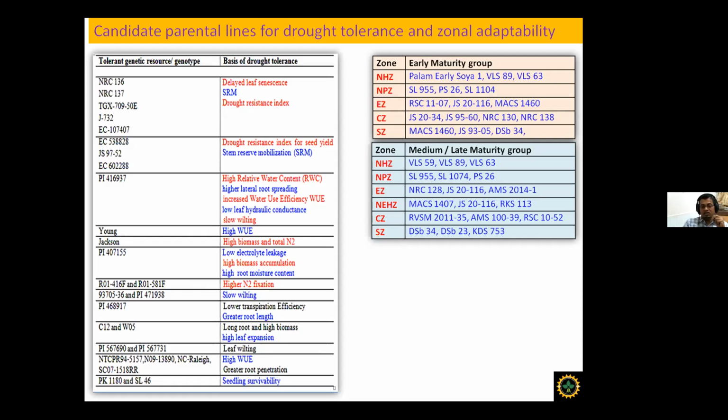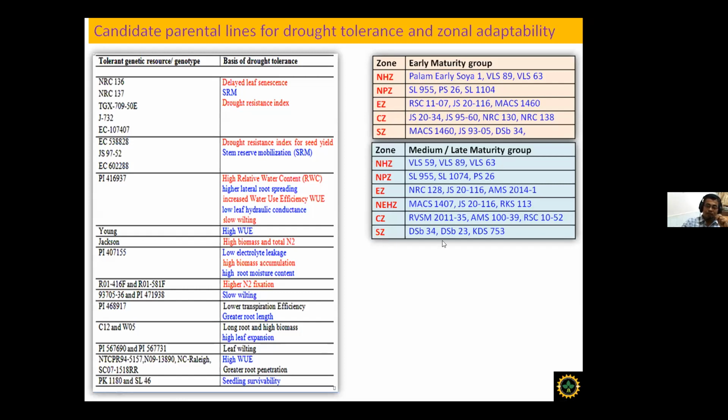Also at USDA they have Young, Jackson, and those PI numbers and R01 numbers. All those are available in the germplasm repository, and as per the need, the breeder can select from the available germplasm collection for the trait of interest, and it can be crossed with widely adopted cultivars of soybean, as you can see here.